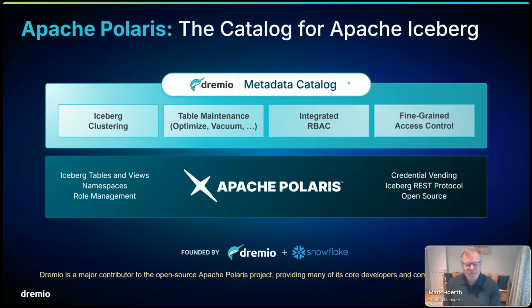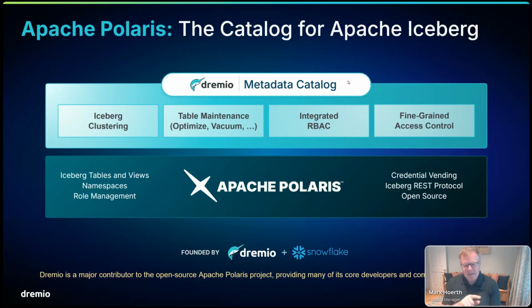Between the two of us, we founded the Apache Polaris project and created the Apache Polaris catalog, which is now an incubating Apache Polaris project. You can obtain Apache Polaris catalogs through the open source community or through one of the vendors that make Apache Polaris available in part of their solutions. Dremio being one, Snowflake being another, and eventually I'm sure there will be many others.